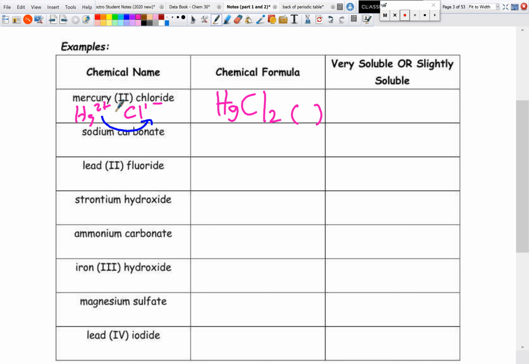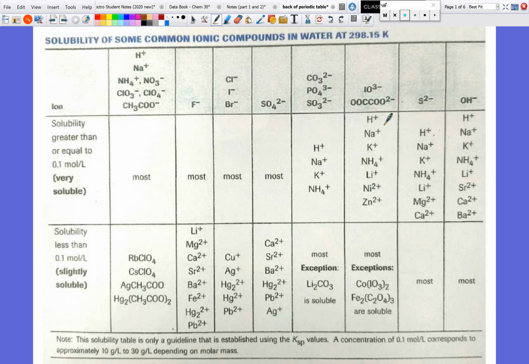Now, we're going to have to figure out the combination, so by doing the drop and swap, at least down here is where I get to see the anion charge and the mercury ion charge. So I go to the back of my periodic table, and first I find my anion, which is the chlorine right here. Now, when we go down here, most of the things are very soluble, however, there are a few exceptions. We have copper, silver, mercury 2+, and lead 2+.